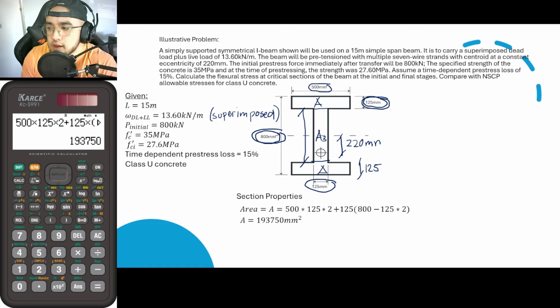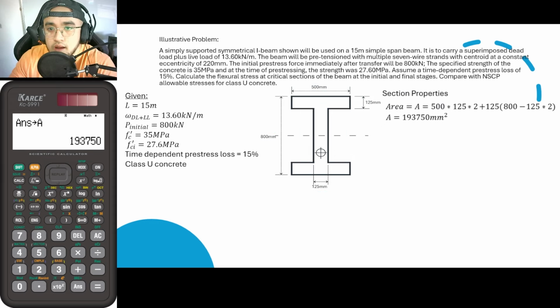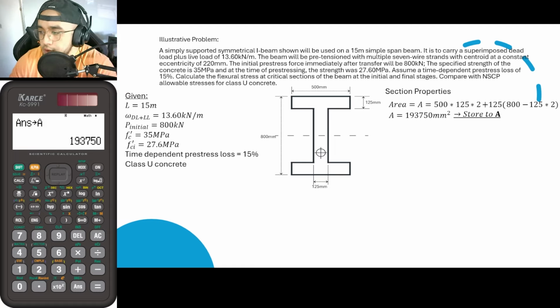So with that, guys, let me just store this to A, so I could use it later on. So I have stored it to A. Once again, I will be storing it to A, as you can see in our slide. So stored to A. Then next up, what else do we need?